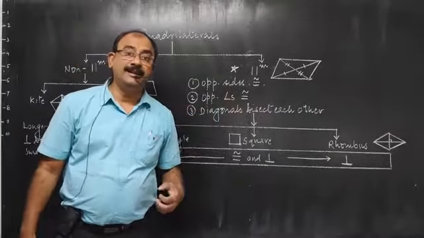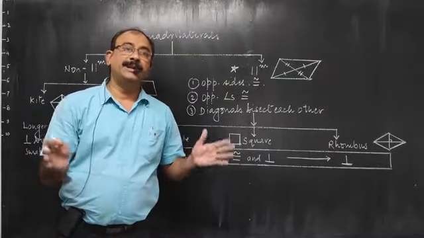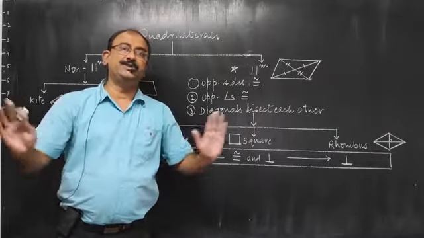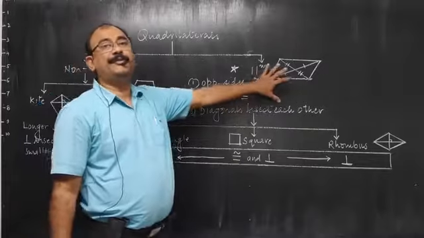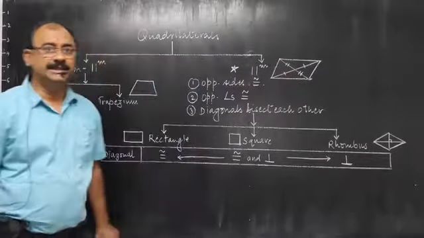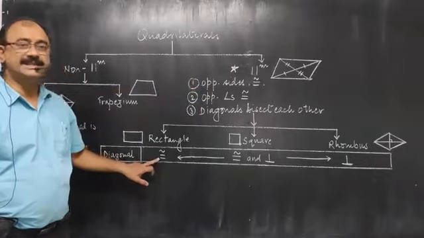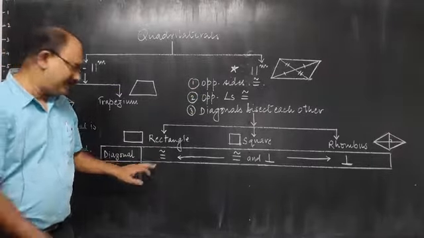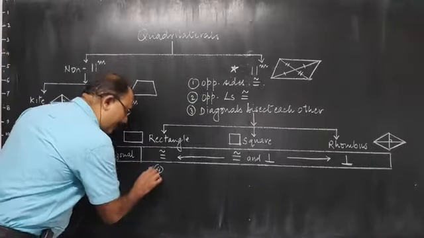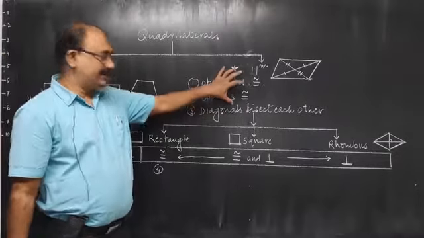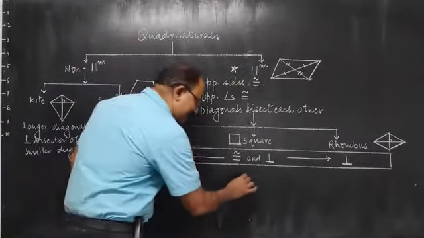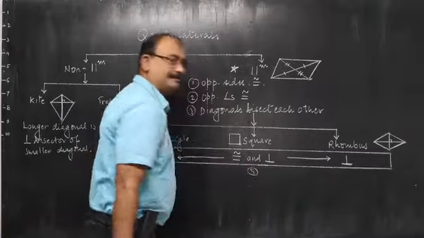So if I learn the properties of quadrilaterals individually, then I'll have to learn for parallelogram three properties. For rectangle, these three plus this, that means four properties here. For square, these three properties plus these, so 5 properties here.